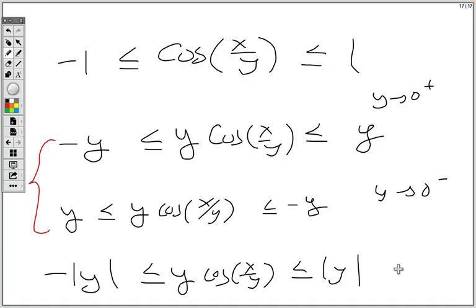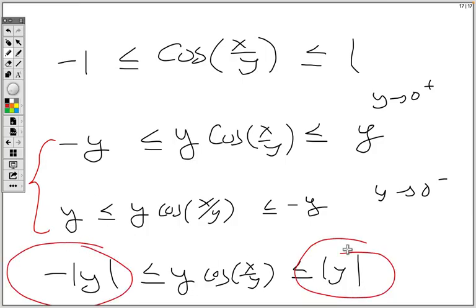So these two inequalities can be combined into that inequality, just looking at the absolute value of y. And I know what happens to each of these. These values on the end are going to go to 0.